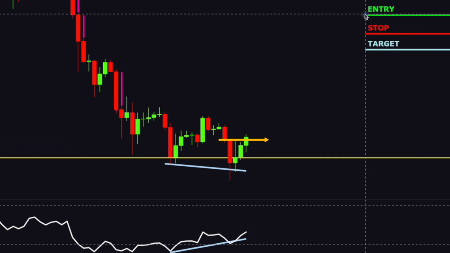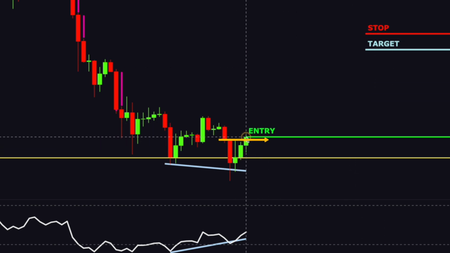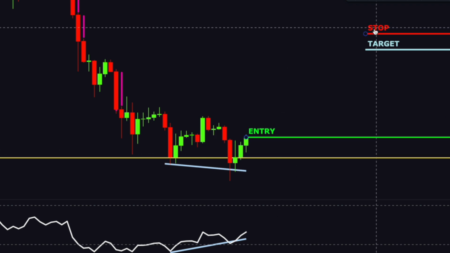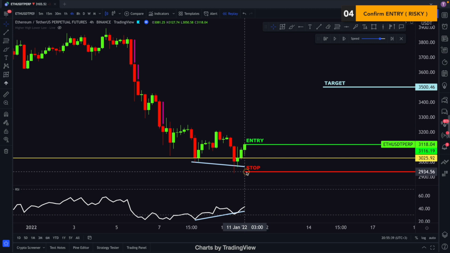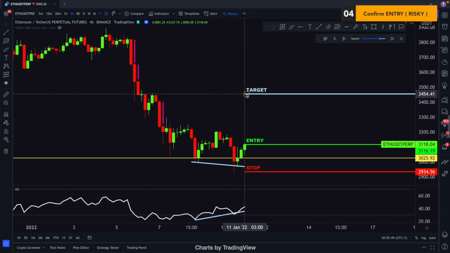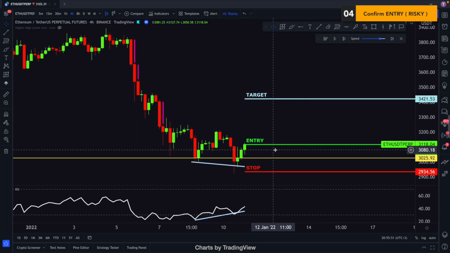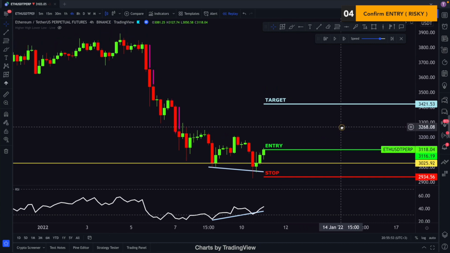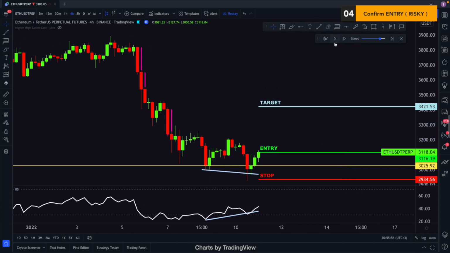This green candlestick finally beats the high of that red candlestick. I place my entry order here. My stop loss order is at the bottom of the pullback. Finally, my take profit order is at around 2R again. Now, let's watch the trade.